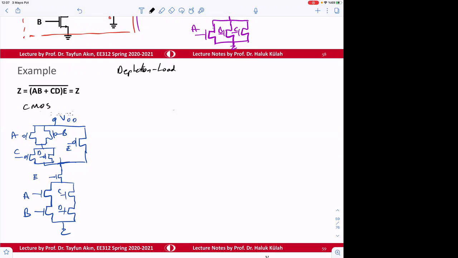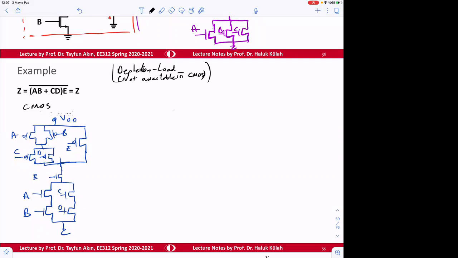Of course, depletion load device is not available in a CMOS technology. Let's do it in CMOS. So therefore, let's forget about this one and then do resistive load.